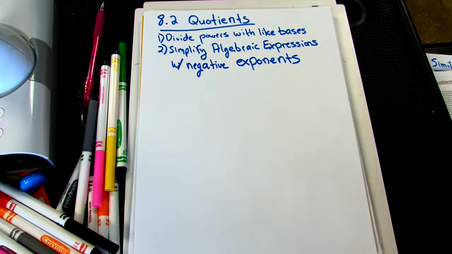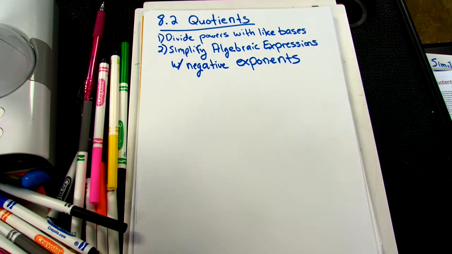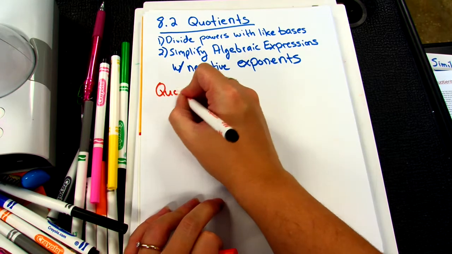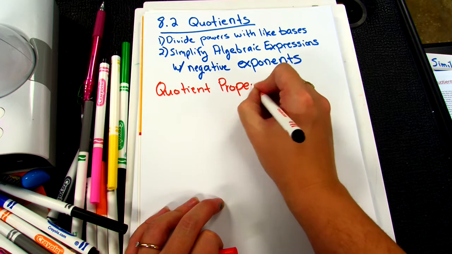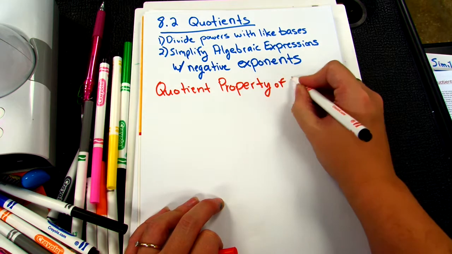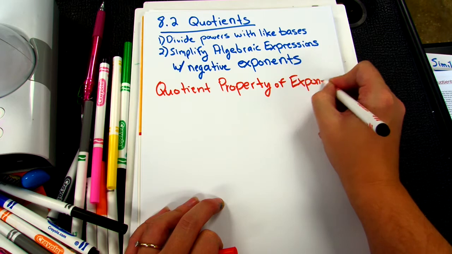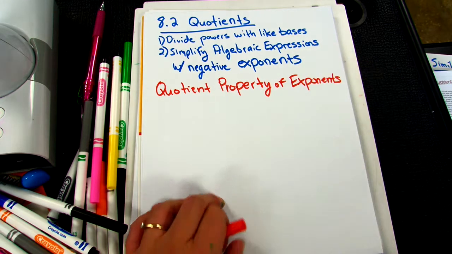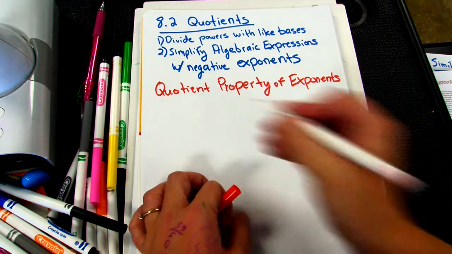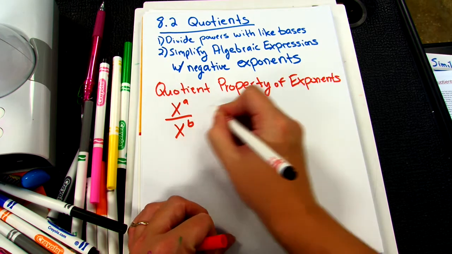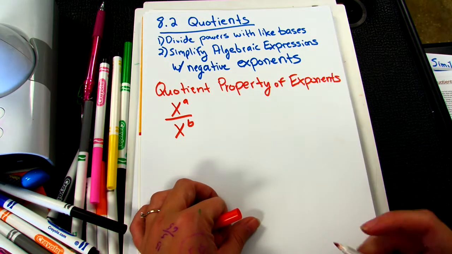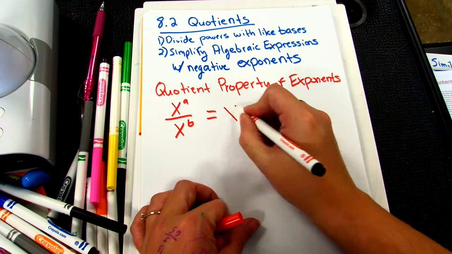So to begin, I want to review what the quotient property of exponents says. It says you have x to the a over x to the b, and the bases are the same, then you could subtract the exponents.